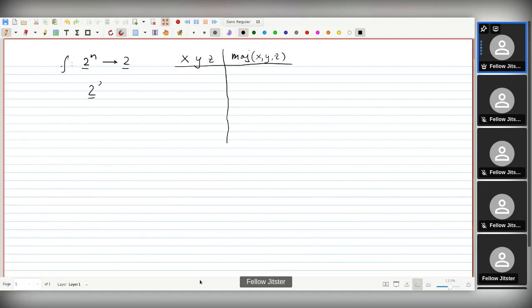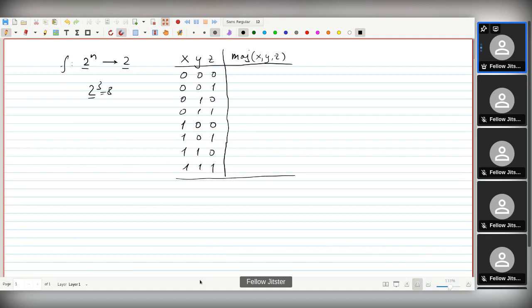Clearly, we have 8 possible inputs. Hence, in the table of values for this function, we should make a provision for 8 rows. And this majority function takes the value which a majority of its arguments take.